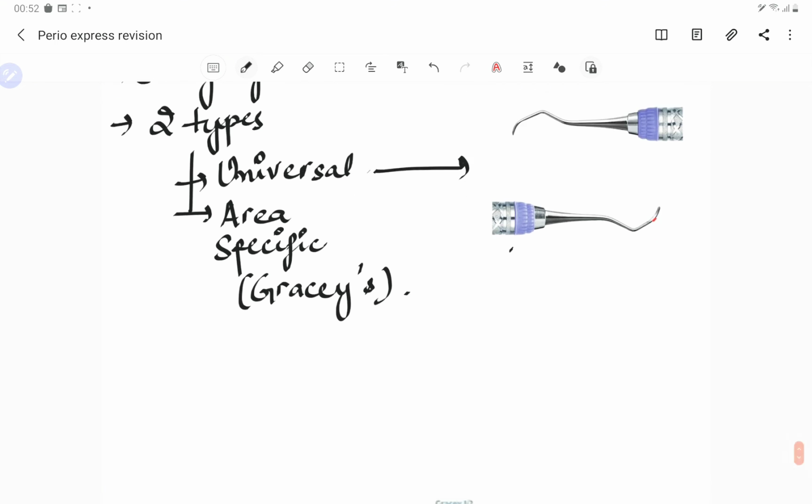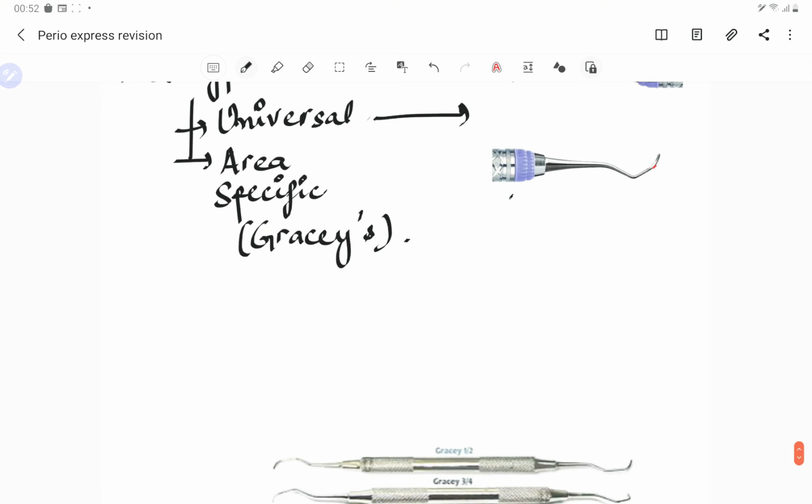It has a round back and lateral cutting edges. The difference between the area specific and the universal curette is that the universal has a 90-degree angle to the face, as you can see over here.